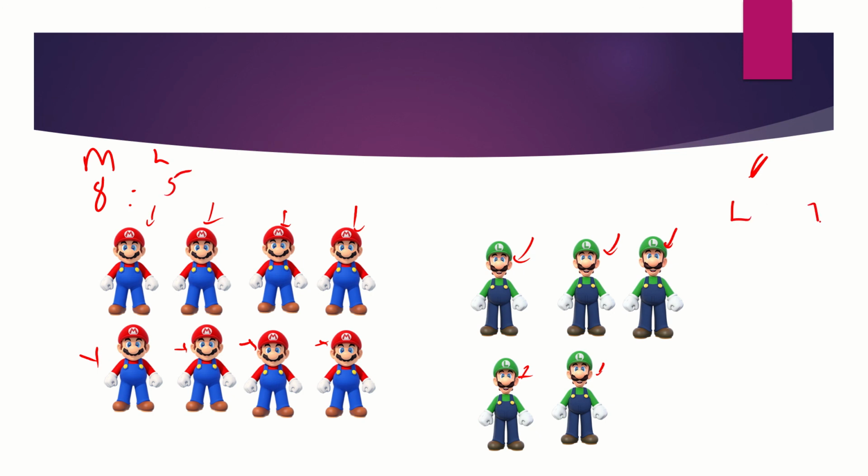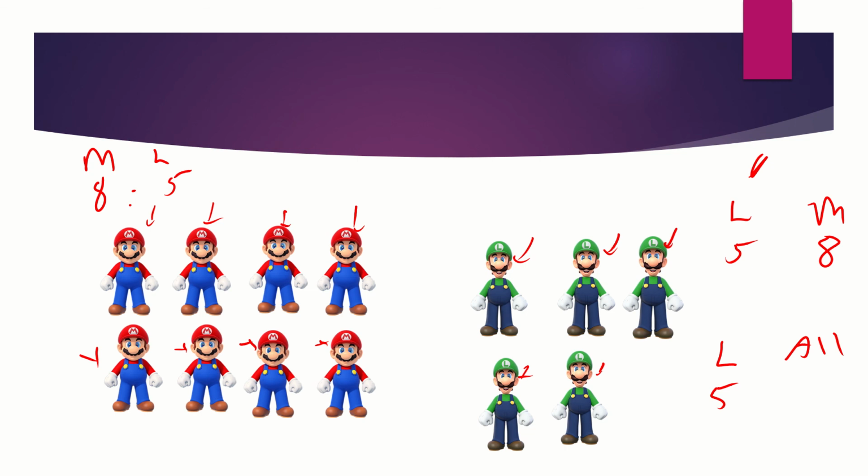Well, what about my Luigi to Mario? I'm going to count Luigi and I have 5 here. Mario is 8. Well, what about, let's say, all the video game characters? So let's say Luigi to all. Well, Luigi has 5, as we know, so we have 5, but then we have to count Mario's characters as well.